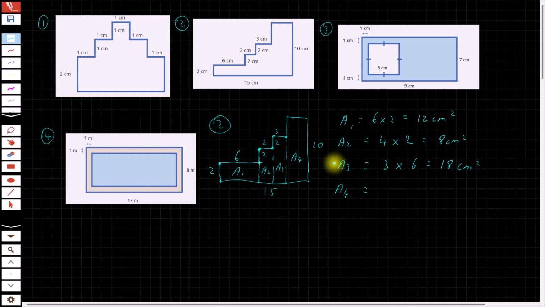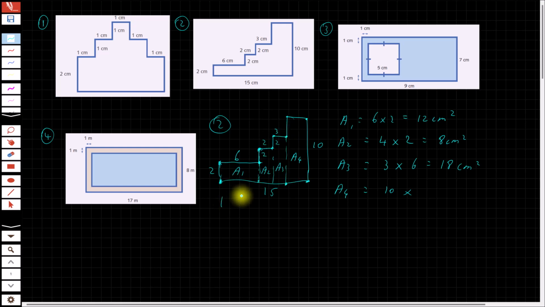Area 4. We know the distance from here to here is 10. And we don't know the distance from here to here. But we know the distance all the way up to this point. So the distance from here to here is 6 plus 2, which is 8, plus 3 is 11.